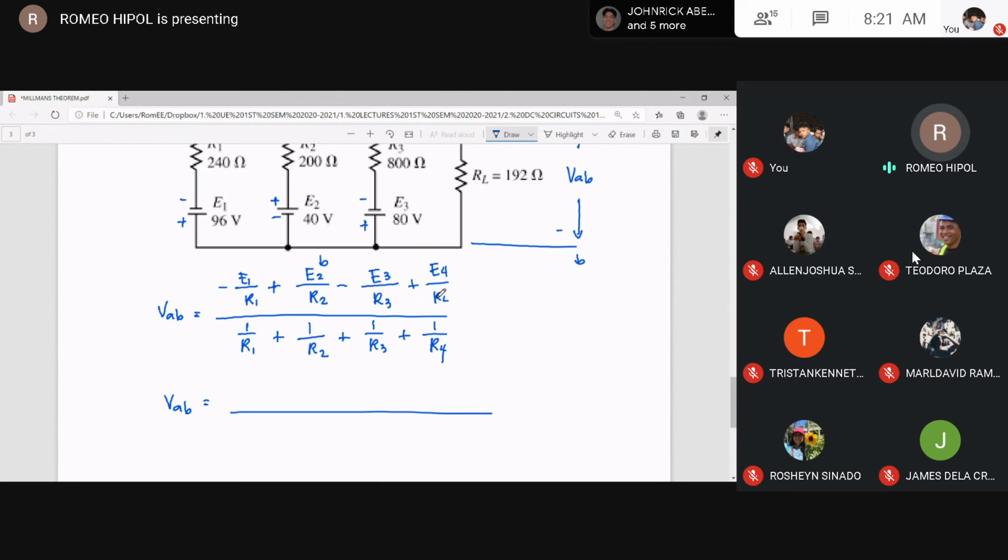For E sub 1, we have negative 96 volts divided by 240 ohms, plus E sub 2, negative 40 volts divided by 200, minus 80 volts divided by 800, plus 0 over 192.